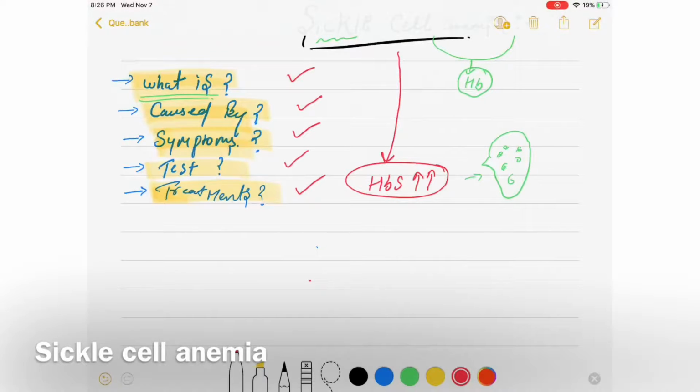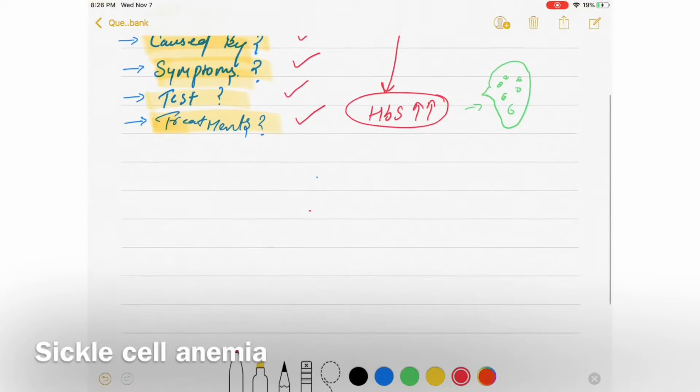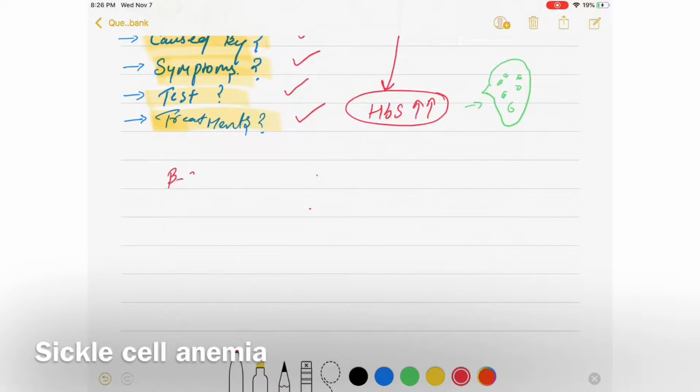In sickle cell anemia, in the beta chain of hemoglobin, one amino acid is replaced by another at the sixth position.